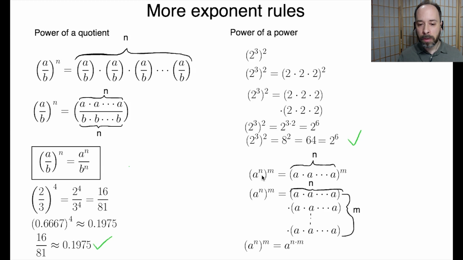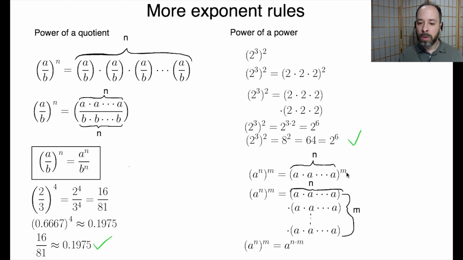Let's talk about it in general. Anytime we've got an expression of this form, some base a raised to a power n, and that is itself being raised to a different power m, we can write out the a to the n as n a's, all multiplied as a string. That's going to be raised to the m still.